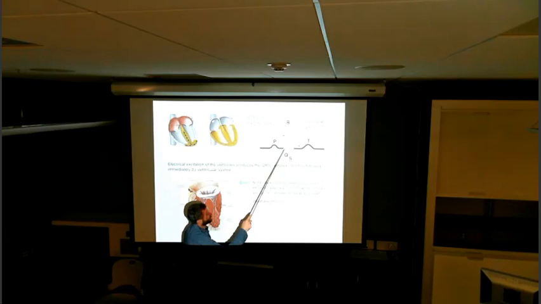So that represents ventricular depolarization, electrical excitation of the ventricles. And what happens right after it gets electrically excited? It contracts. You have ventricular systole.